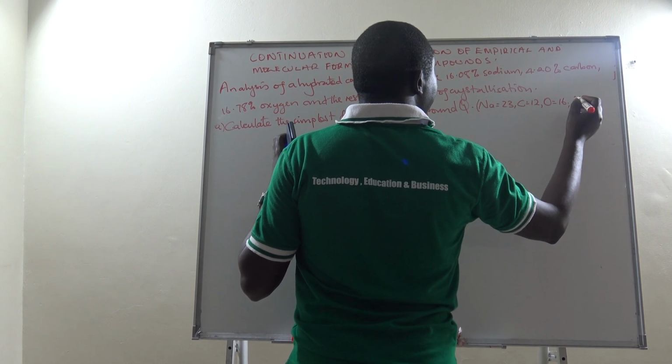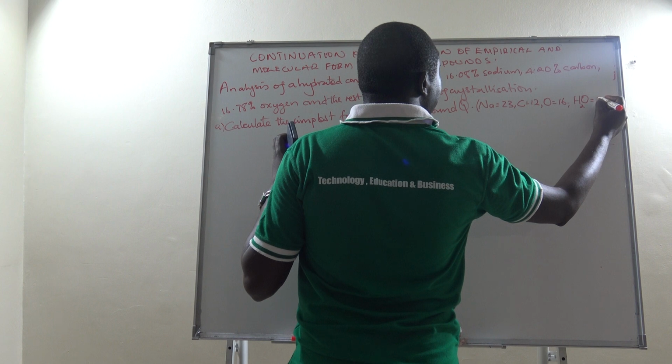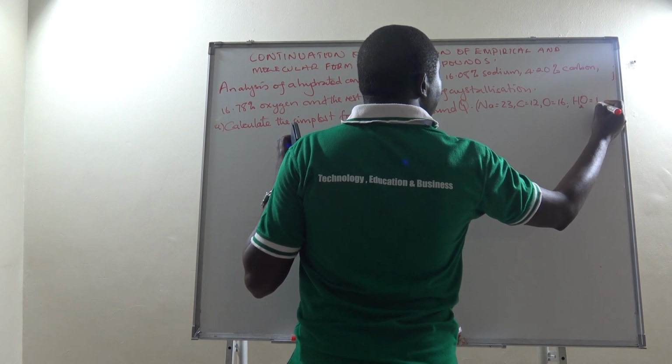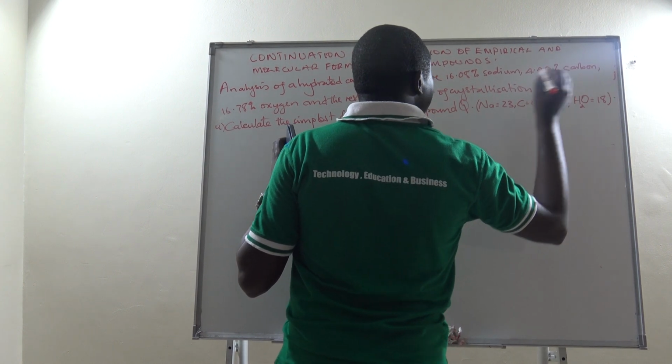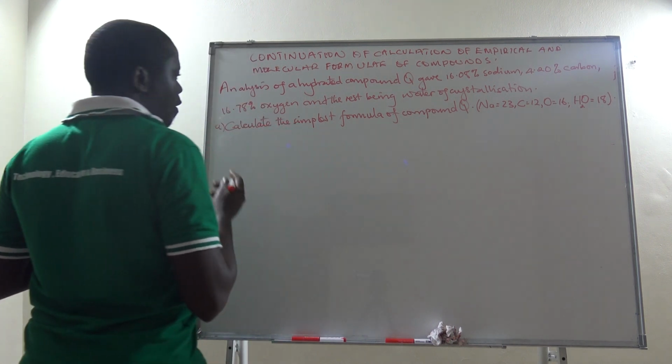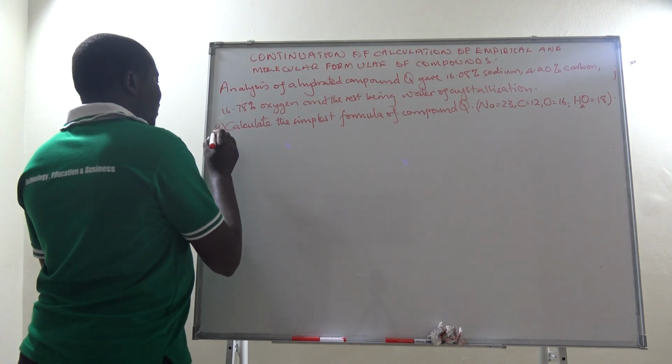In this case, this is the relative molecular mass of water of crystallization. It is 18. So we are supposed to calculate the simplest formula of this compound.